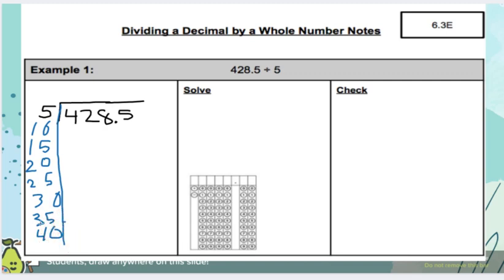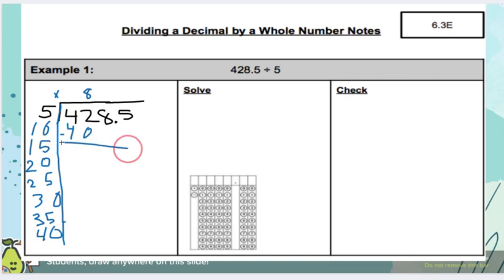The reason why I stopped at 40 is because 5 cannot go into 4, but 5 can go into 42. 1, 2, 3, 4, 5, 6, 7, 8. 8 times. So 5 times 8 gives us 40.